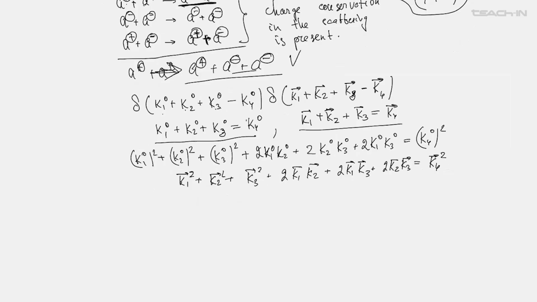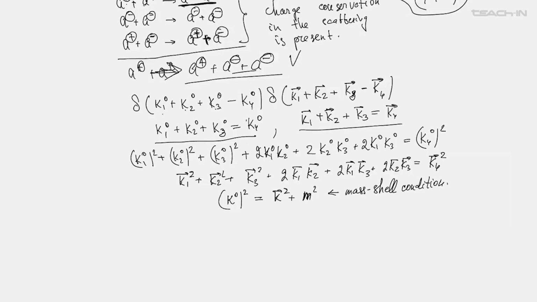You should remember that K0 is not an independent variable, because you solve the equation of motion for a free field, and K0 is a dependent variable on K. There is a mass condition: K0 squared is K squared plus m squared, right? So this is the mass shell condition, which is built into the solution for a free field.